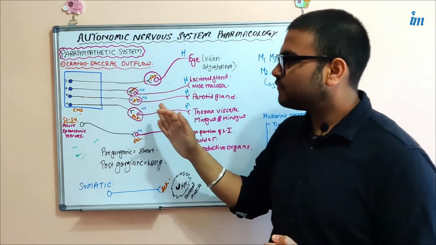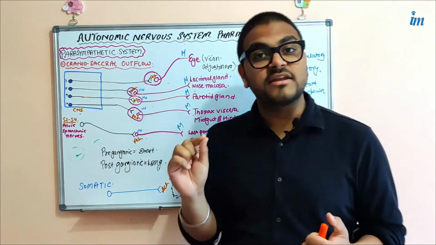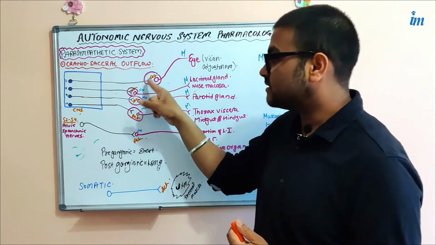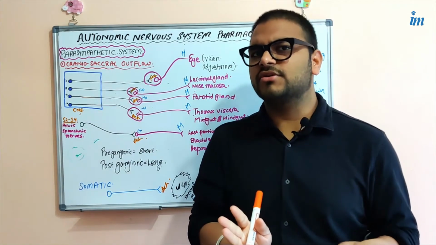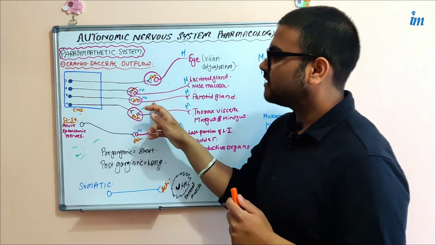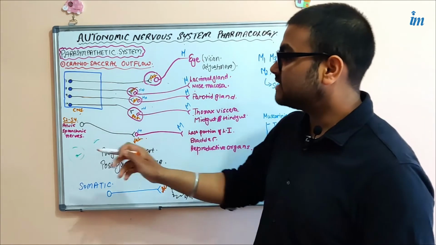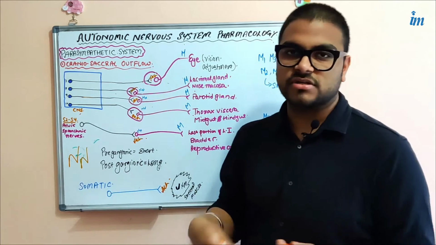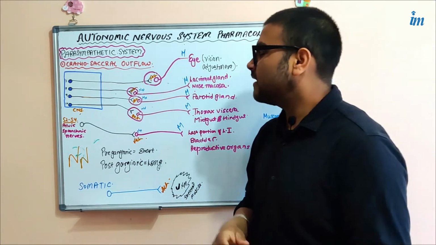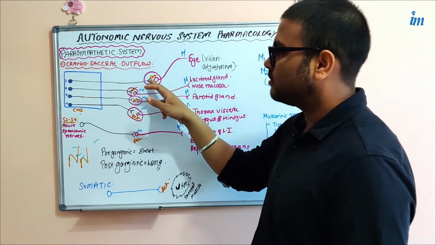The receptor for acetylcholine in the ganglion is called the nicotinic receptor. We have two main types of nicotinic receptors. The nicotinic receptors present in the ganglion are called the N type of nicotinic receptors.